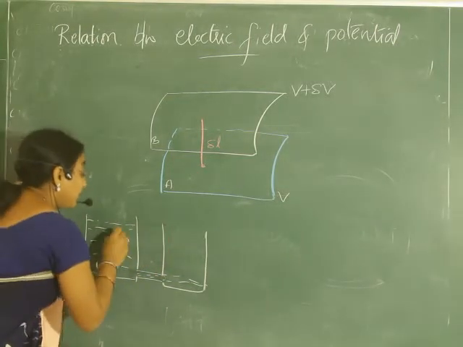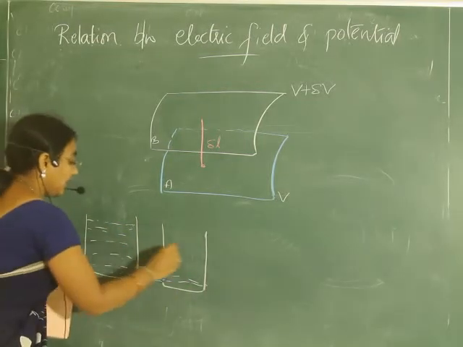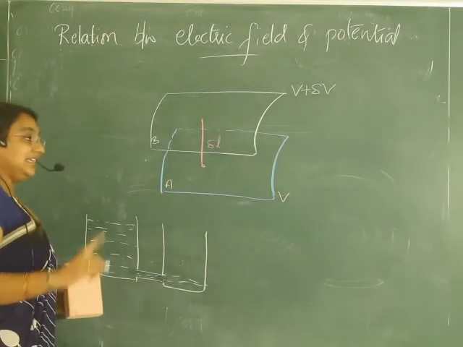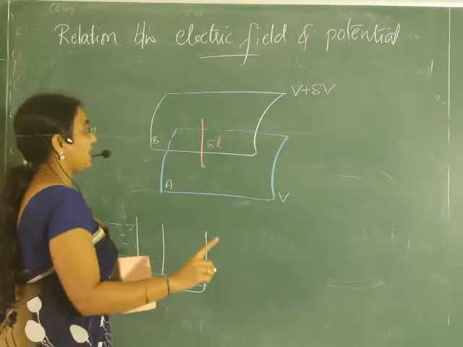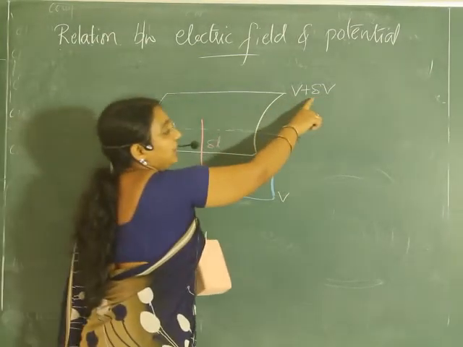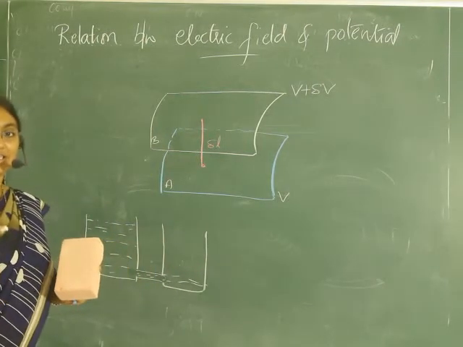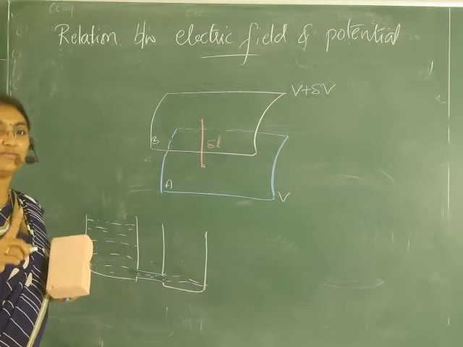It will flow from higher level to lower level until both tanks have the same water level. In the same way, charges always move from a region of higher potential to a region of lower potential.